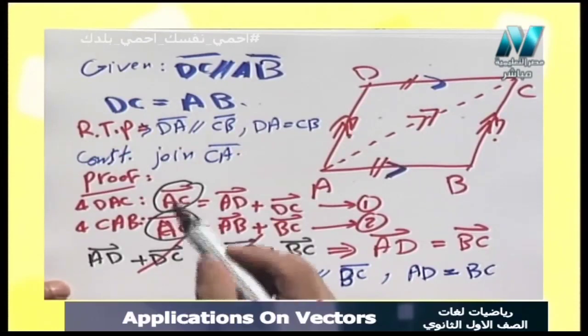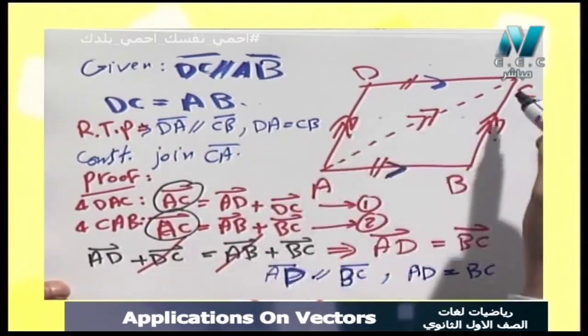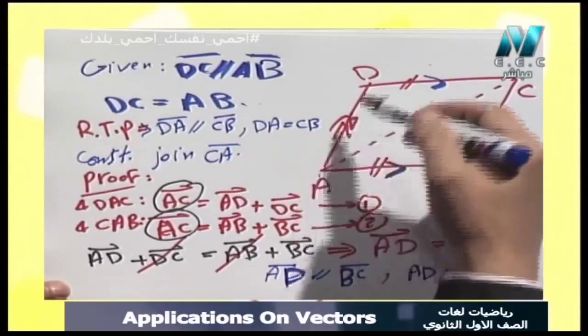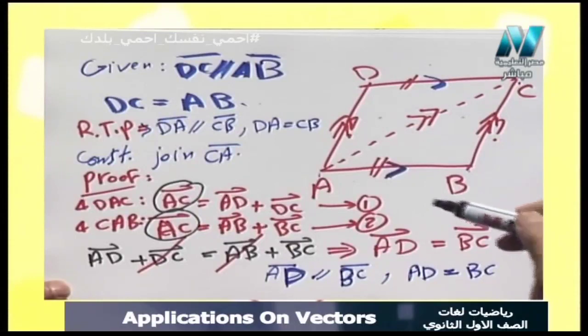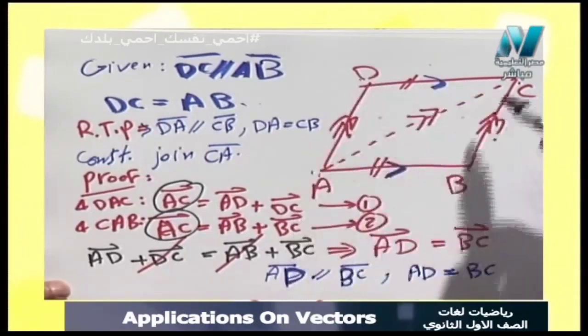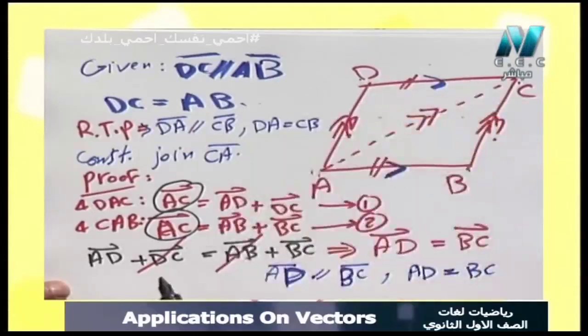So we have here the required to prove that DA is parallel to CB, or AD parallel to BC, doesn't matter, and AD equals BC. So of course ABCD is a parallelogram.